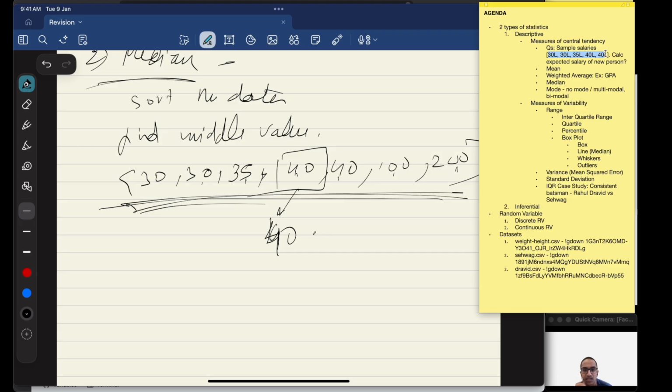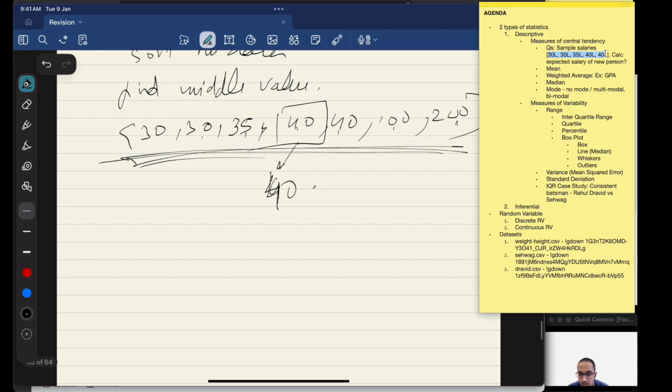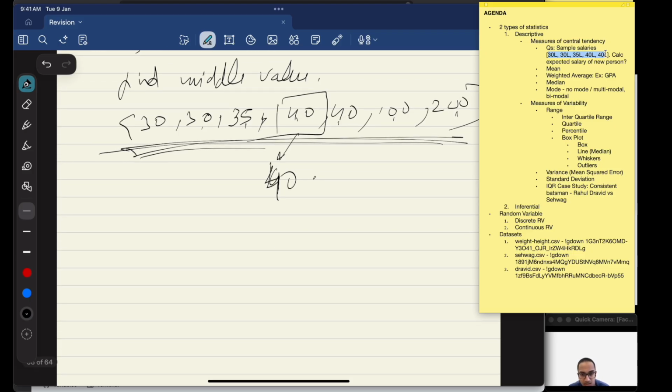But how do we find this? Now we just counted and found this. But how do we find it if there are 10,000 records or something? We cannot go through each and every record, right? So for that, we use a simple formula.